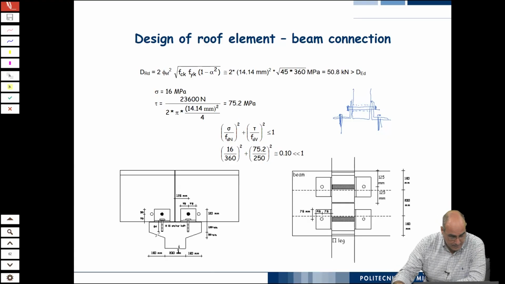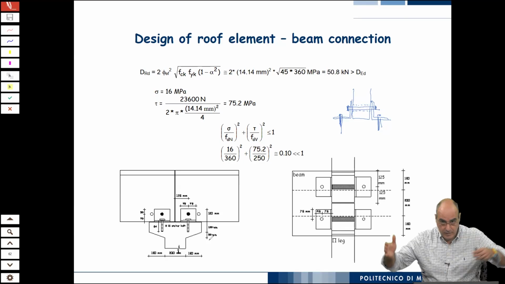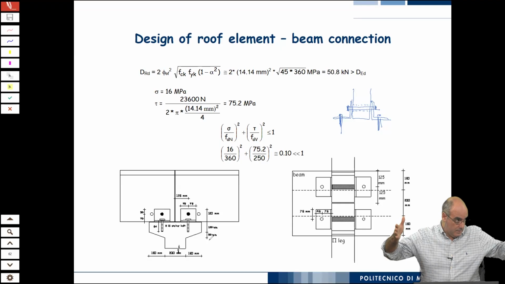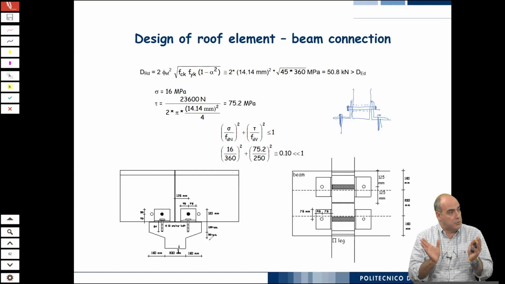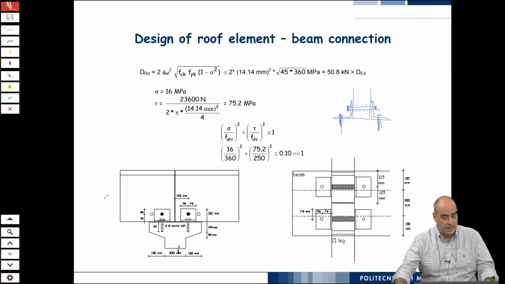But you see, actually we had here a 500 millimeter wide beam, so half a meter wide, a little bit wider than the column. So we provided the column also with a little corbel at the top to accommodate it, because the column was 400 millimeters.